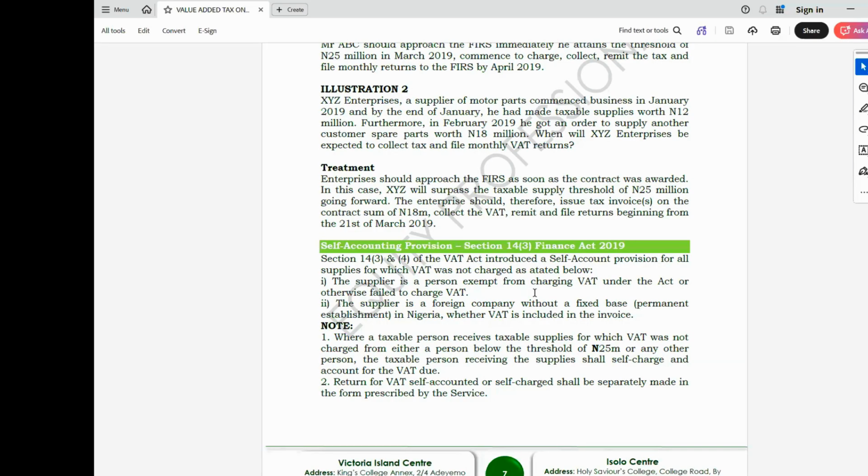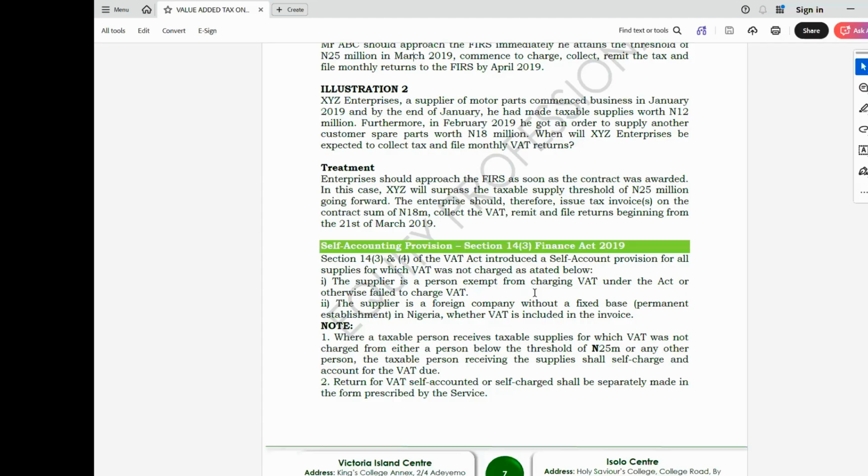That is a taxable person that is not expected to charge VAT. And you know that transaction is a transaction that attracts VAT. And that person is not going to charge you VAT because it's exempted from charging VAT because it's a small company. You that are buying from that small company, you must what?